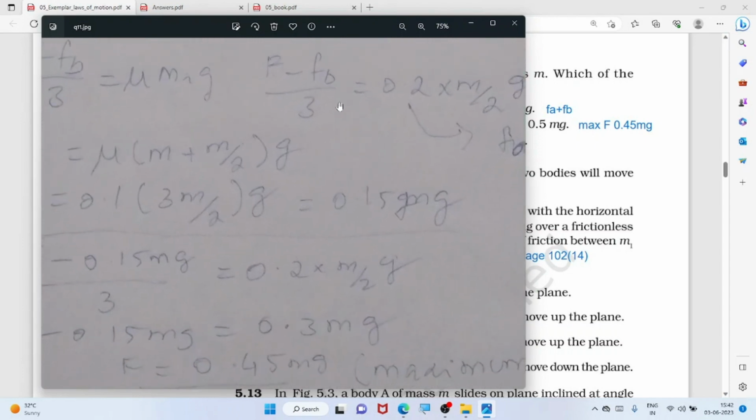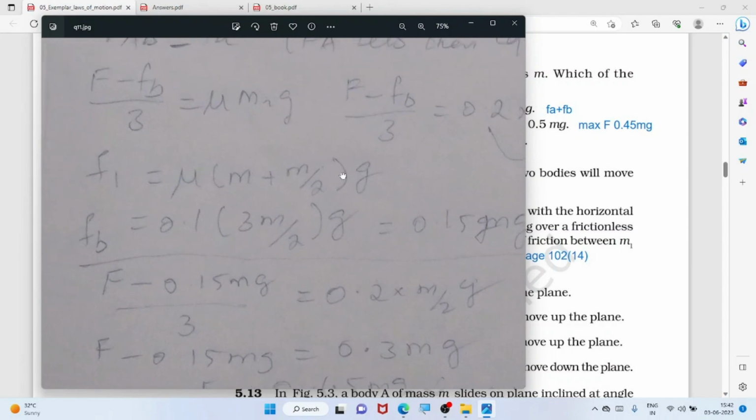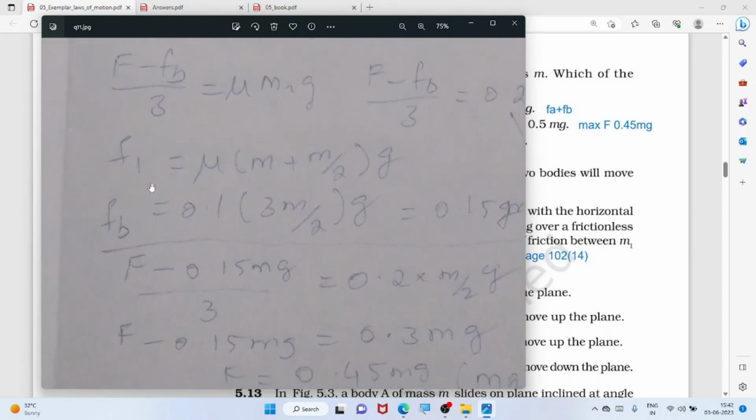Okay, from that we can find FB, the frictional force.